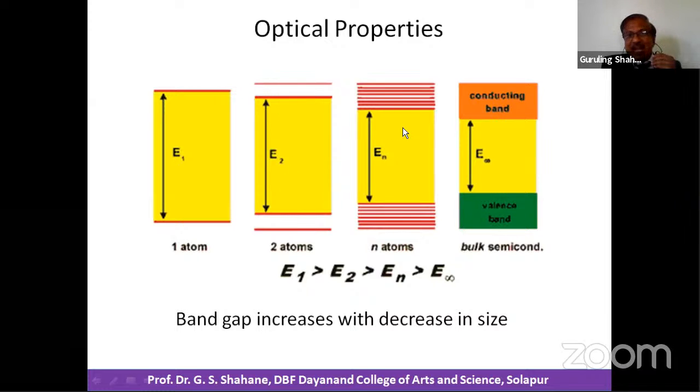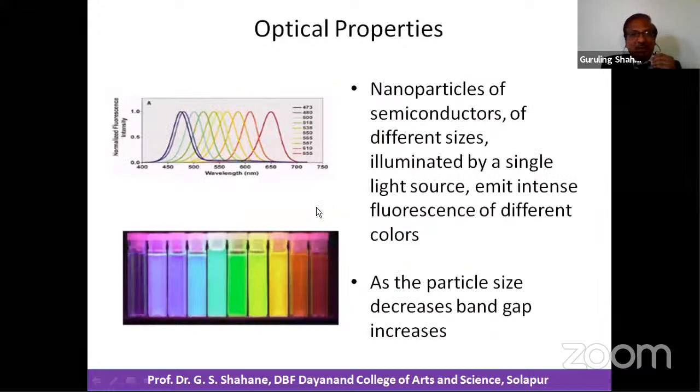As the number of atoms increases, a single energy level changes to a band, and its effect is that the band gap decreases. In the reverse way, if we decrease the size of the material, the band gap of that material increases. Very interesting property, very useful in quantum dots.